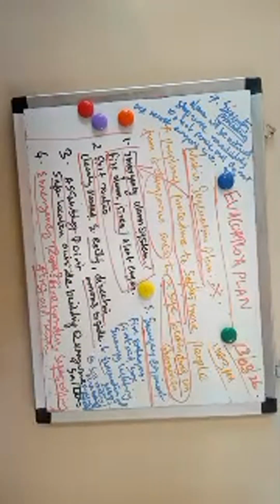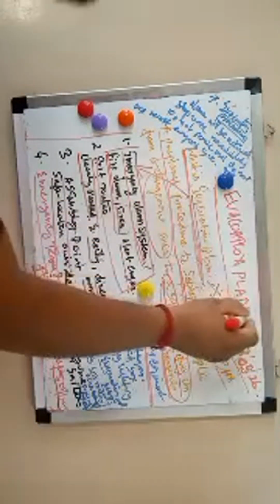Okay, emergency equipment. What emergency equipment is required during the evacuation? Fire extinguishers, a first aid box, then emergency lighting. These three must be there during the evacuation.